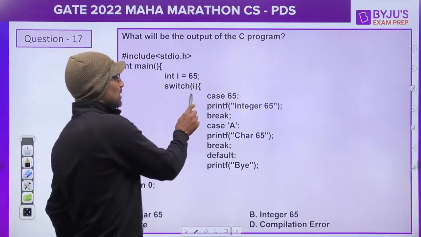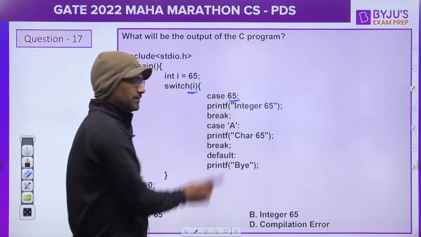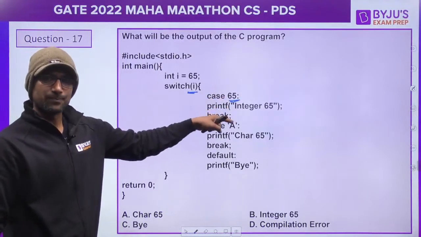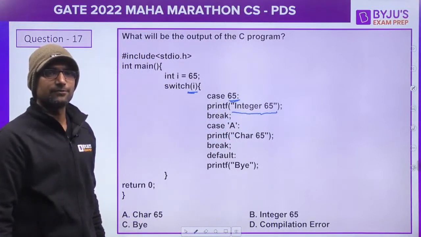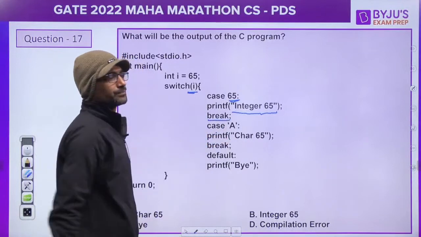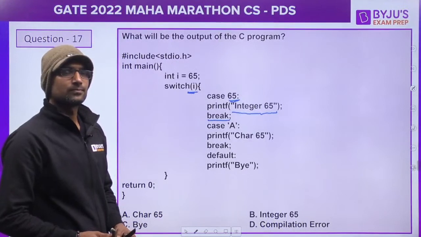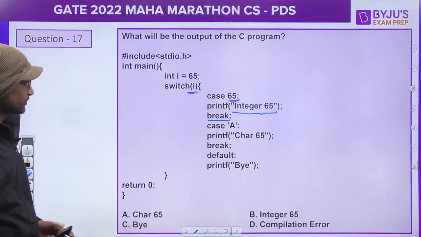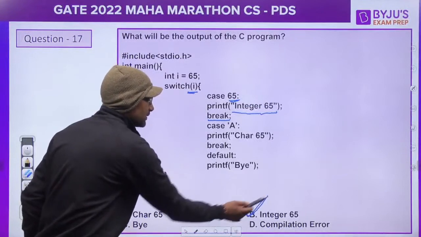Now how the switch behaves: it takes I as 65 and matches with the case. So we got the match, then it prints its respective statement, that is integer 65, and now break, so it comes out. So you will get integer 65 only.